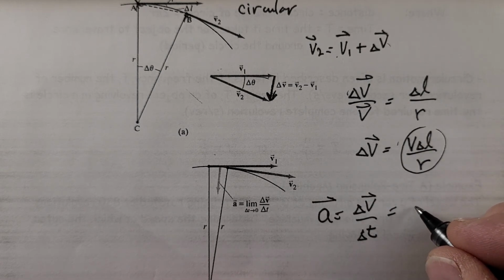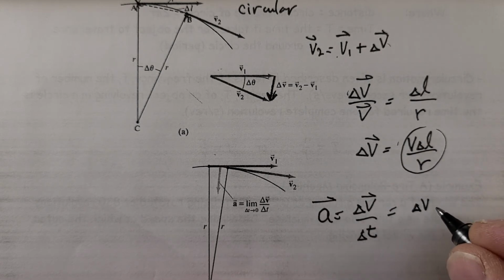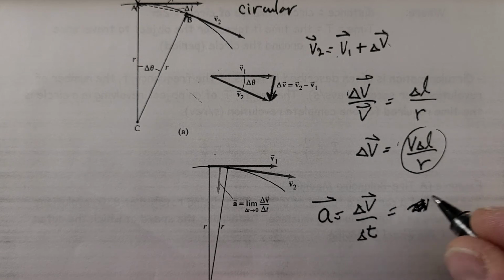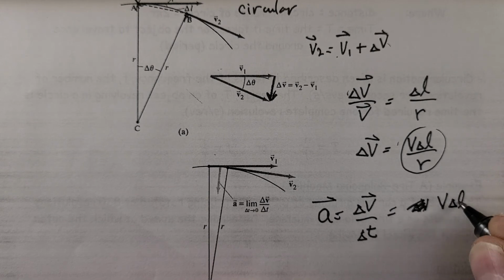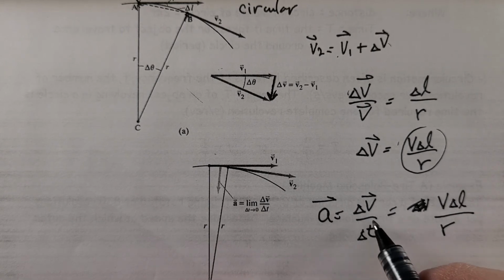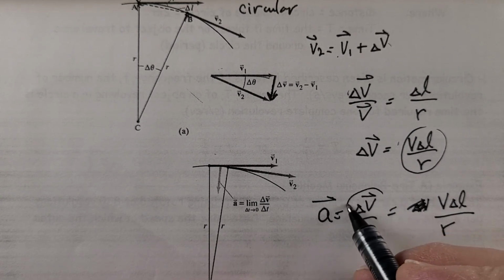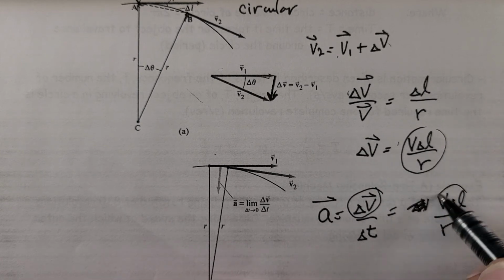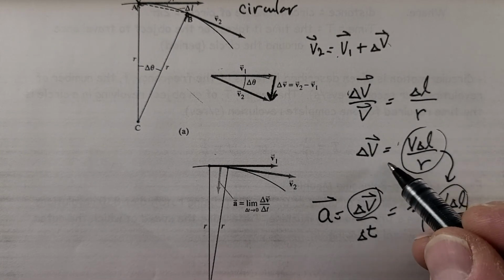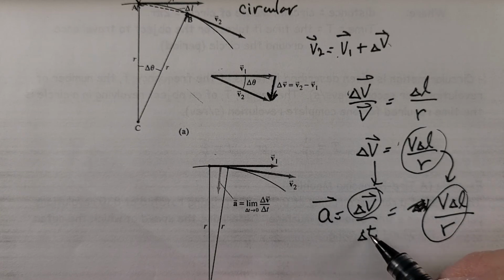So it's delta v over t, but my delta v can be represented as this over r. All I did is I represented this as that, because they're equal. And then they have delta t on the bottom.